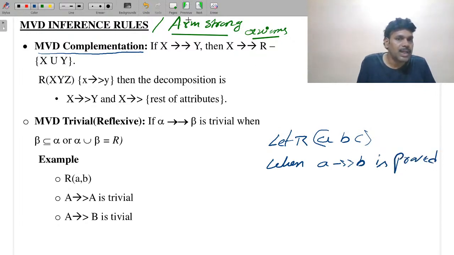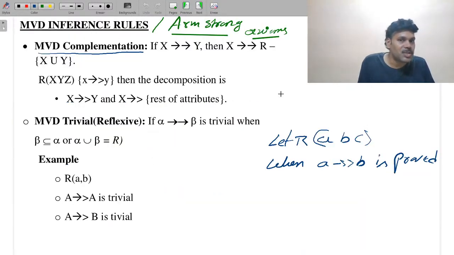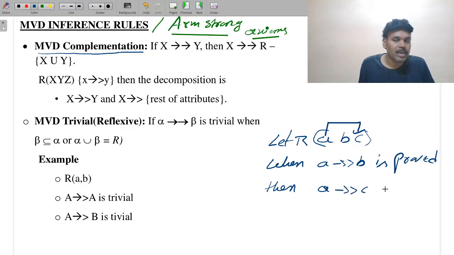How to prove it? We land here. When A implies B is proved, then automatically the others will be proved. What is that? A implies C is also proved.